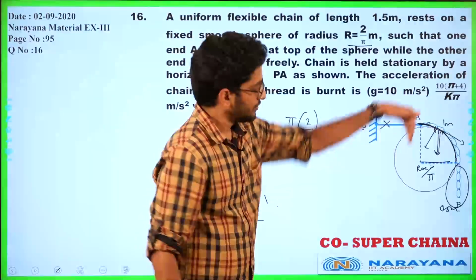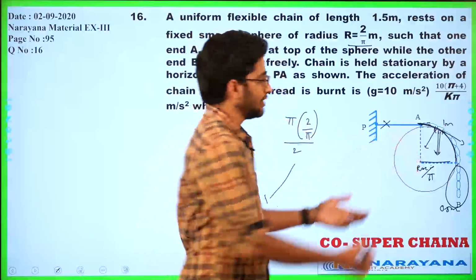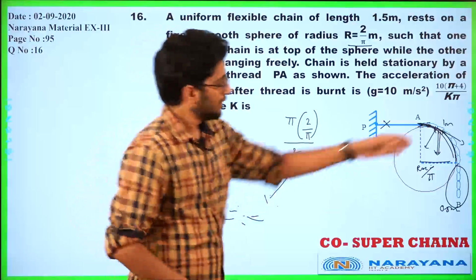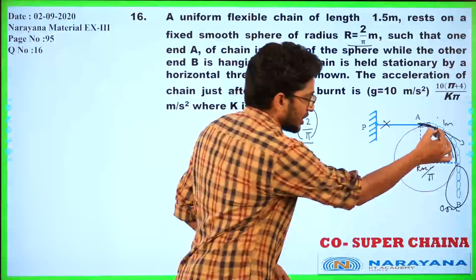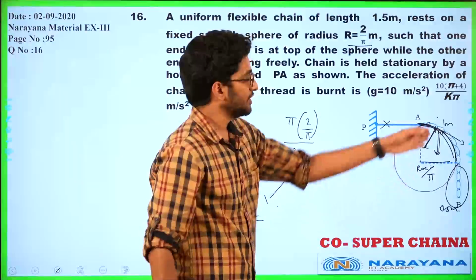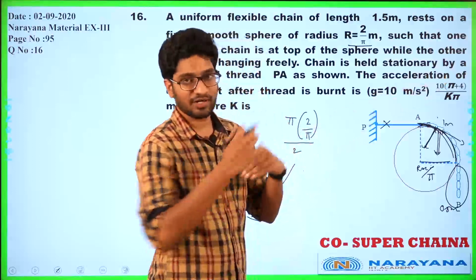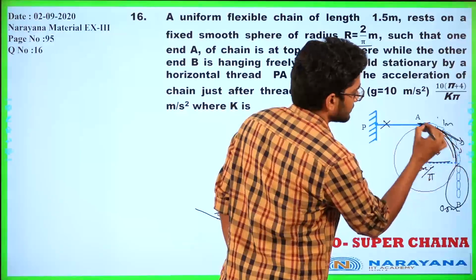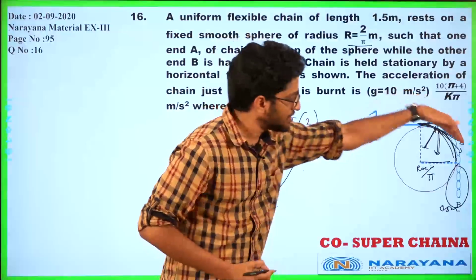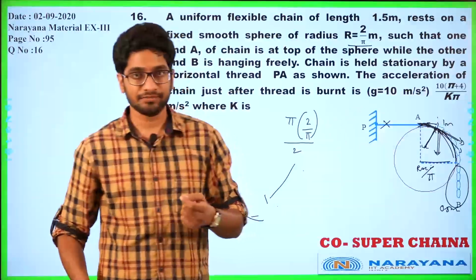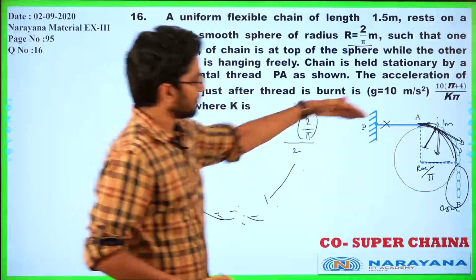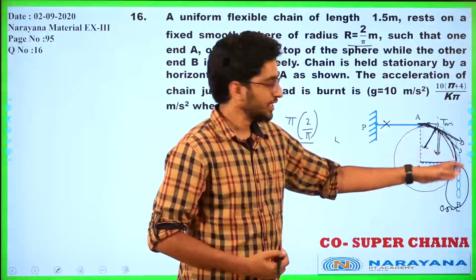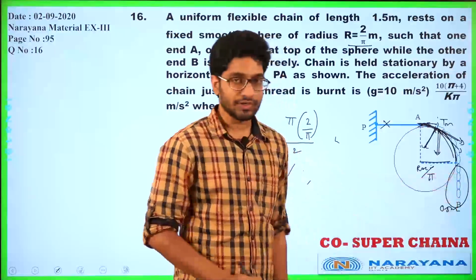So the weight component along the normal will be balanced by the surface contact force. So what creates acceleration is only the tangential component. At every point, only the tangential component will create the acceleration. So we need to find what force is acting along the tangent throughout this part. In the remaining part, it is simply vertical, there is no contact.